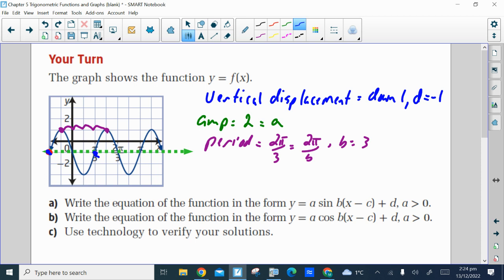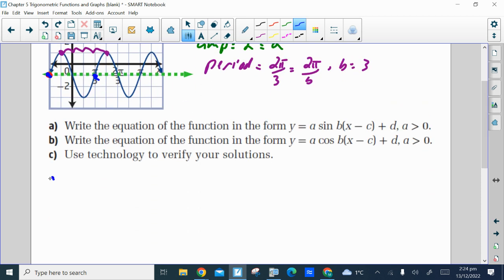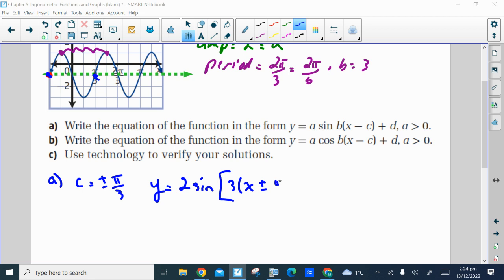They're both pi on 3 away. So for a sine function, c can equal either plus or minus pi on 3. And so our equation will be y equals 2 sine 3 bracket x plus or minus pi on 3, minus 1.